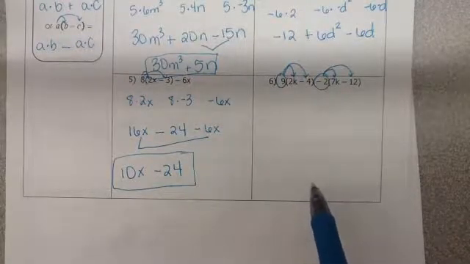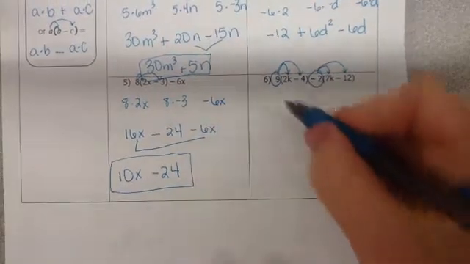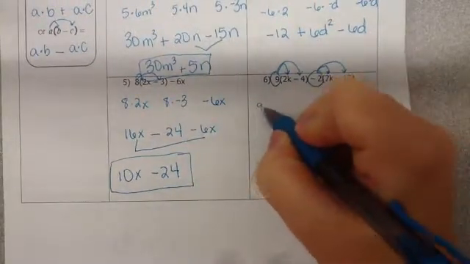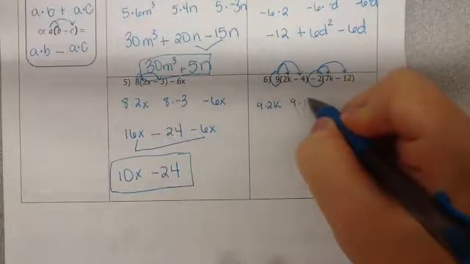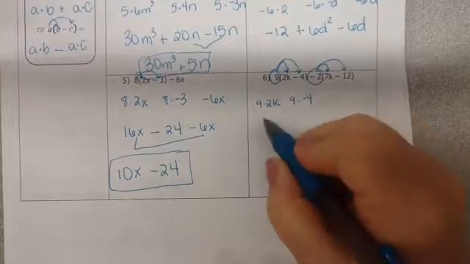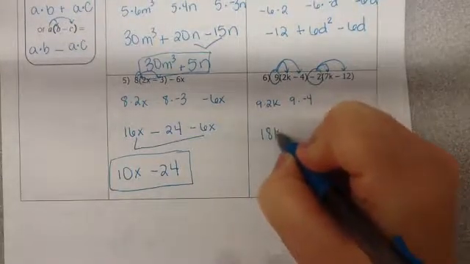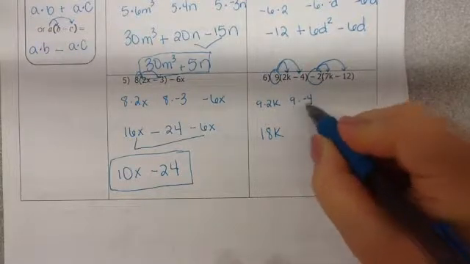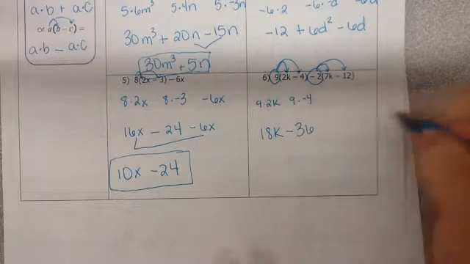Try this one on your own. Let's see how you did. 9 times 2k and 9 times -4. 9 times 2k is 18k. 9 times -4, -36.